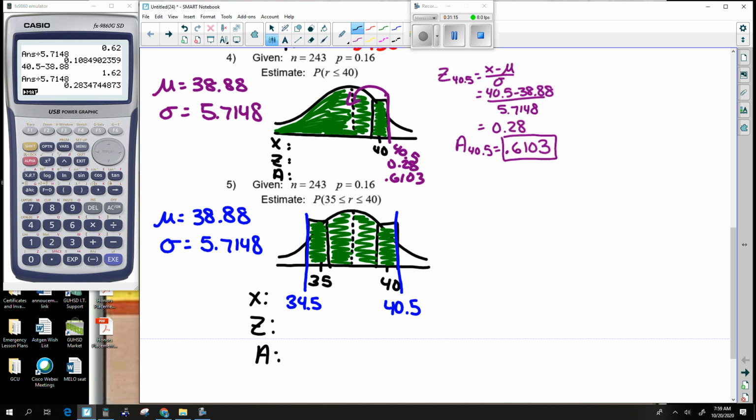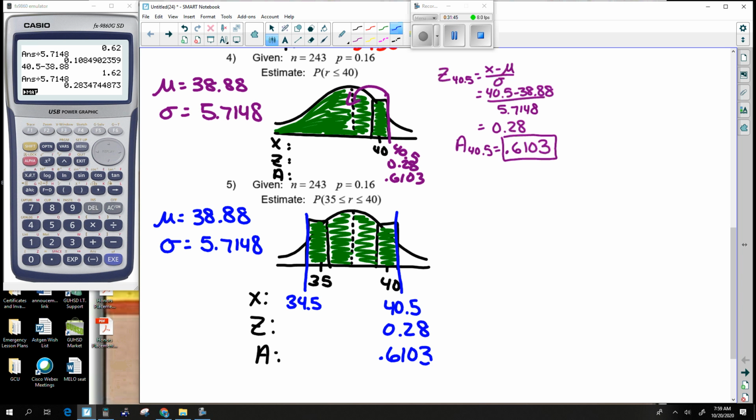Okay, also one more trick that you can do: I've done all the work for that 40.5. If we still have the same mu and the same sigma, that means we're going to have the same z-score and same area and all that stuff. So I already know the answers to the 40.5 stuff. This was 0.28 and 0.6103.